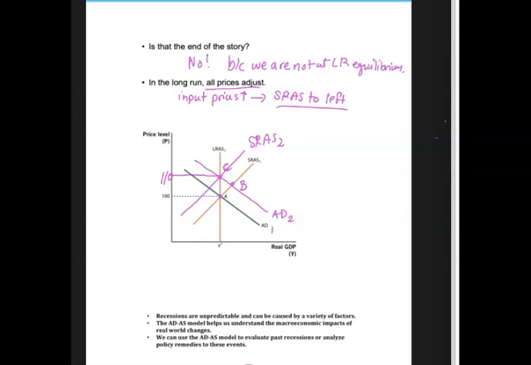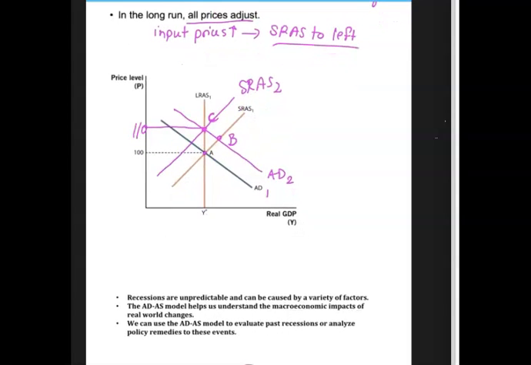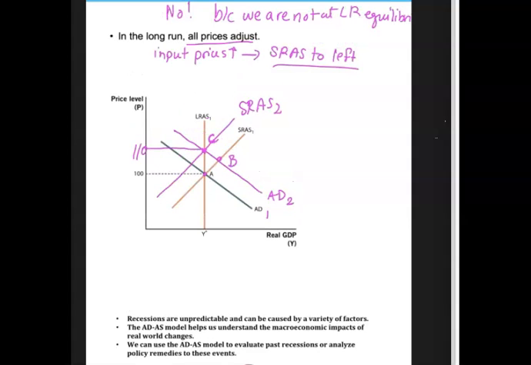All right, let me write that down. I'm going to summarize here.